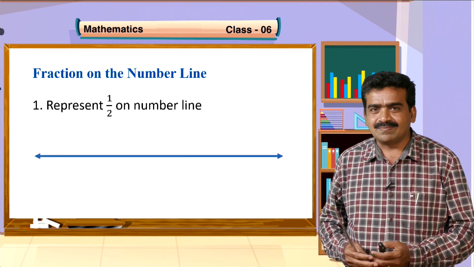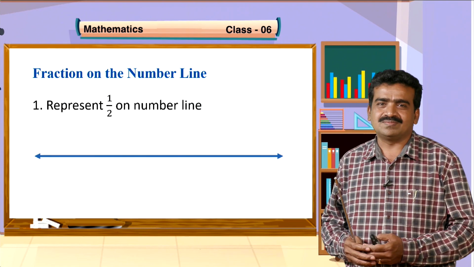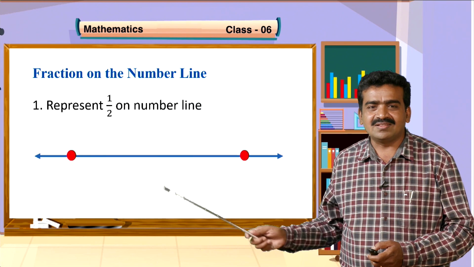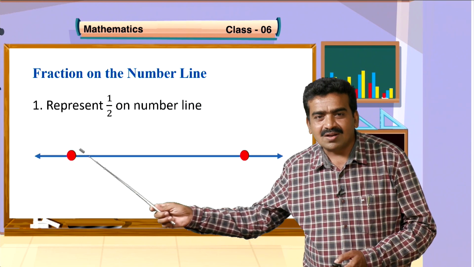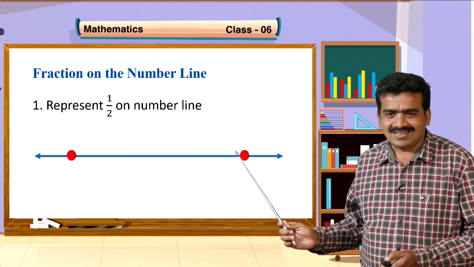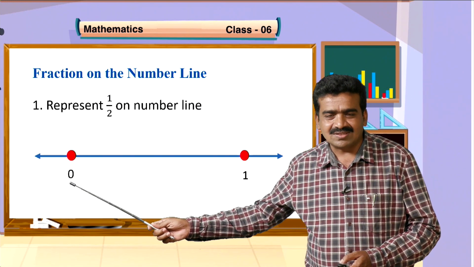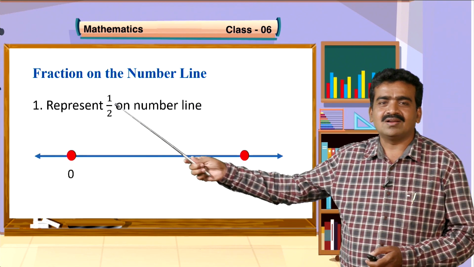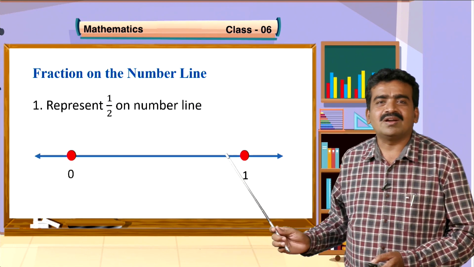1 by 2 is half of the whole, that is less than 1. So, on the number line we have to mark 2 points like this, and for one point you call 0 and for the other you call 1, because half is between 0 and 1.